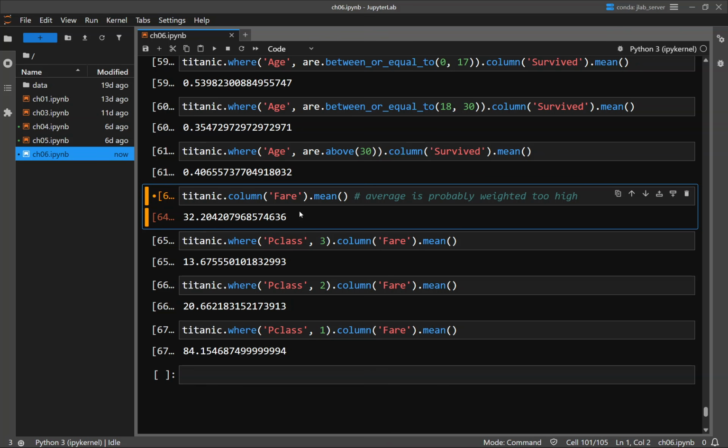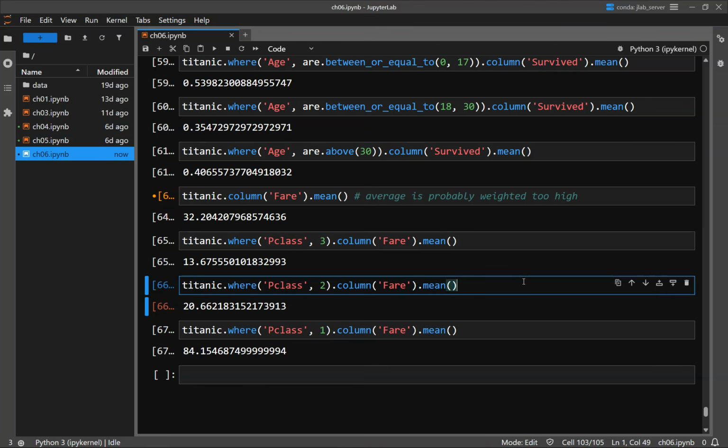That's probably not the best question because it's just going to pick out mostly first class passengers. Does that make sense? So I think maybe the second class average price is a better one to condition against. If the price was above this, did they survive? If it was below this, did they survive? I think that's maybe the better one to compare against. All right, so that's my thought.